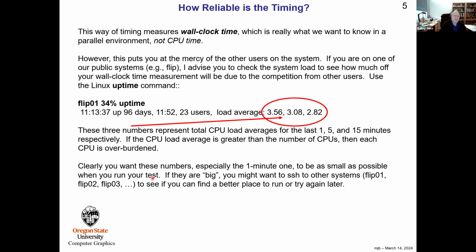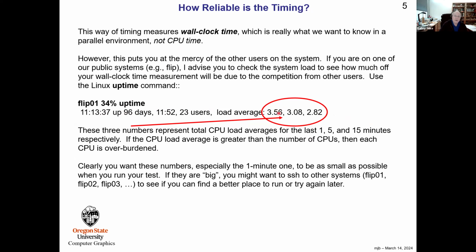How reliable is the timing? Well, again, I don't know what the precision of the clock really is, but a lot of times you're at the mercy of how loaded the system is because you're sharing clock cycles with everyone else. The way you can find out if you're on Linux, like Flip, you type uptime. And uptime, well, it's really there to tell you how long since the last crash, but these three numbers are really important, okay?